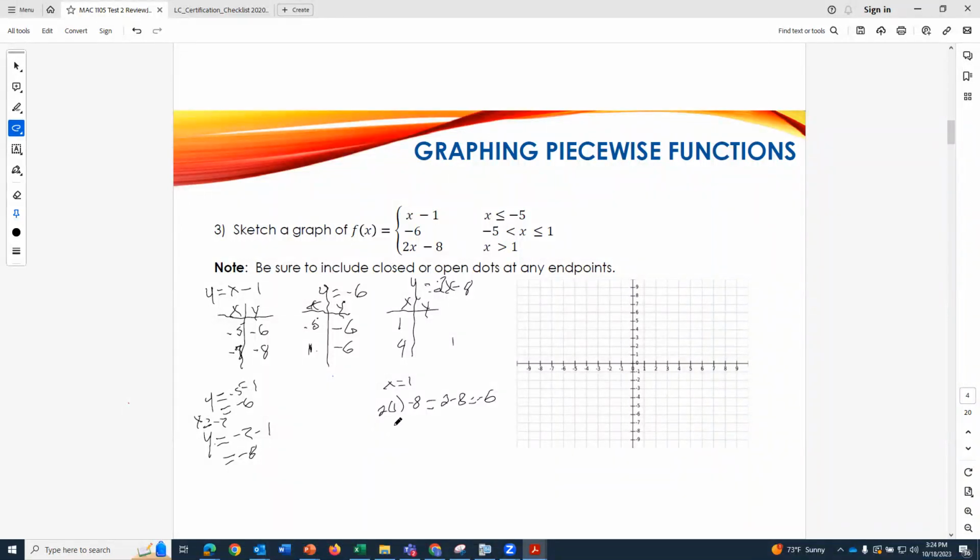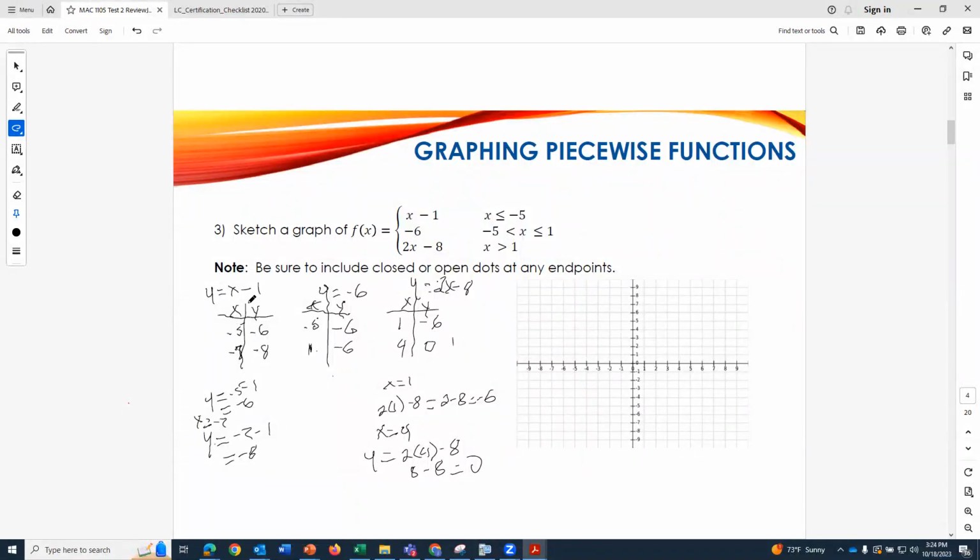And for x equals 4, y will be 2 times 4 minus 8. And 2 times 4 is 8, 8 minus 8 is 0. And that means I have -6 for this one and 0 for that one.